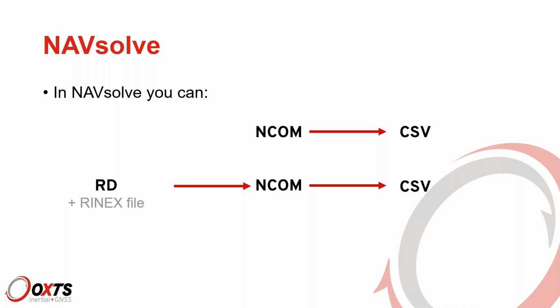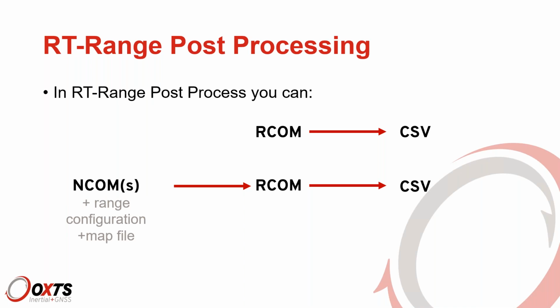This is a necessary step because when you come to generating your range measurements, you'll need the NCOM file generated for a Hunter and any target vehicles you have. Now I'm just going to move on to what you can do with the RT-Range post-processing tool.